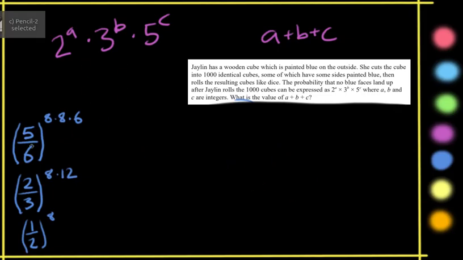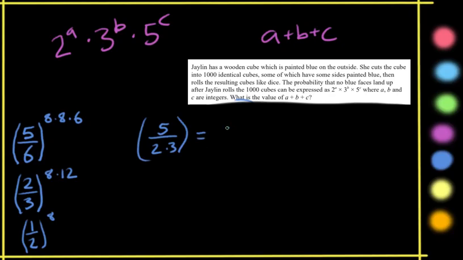So first of all, this 5/6, we can think of this as 5 over 2 times 3 to this giant power. So this is going to be equal to 5 to the 8 times 8 times 6 times 2 to the minus 8 times 8 times 6 times 3 to the minus 8 times 8 times 6.